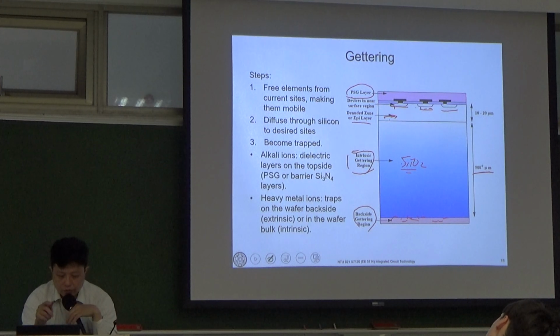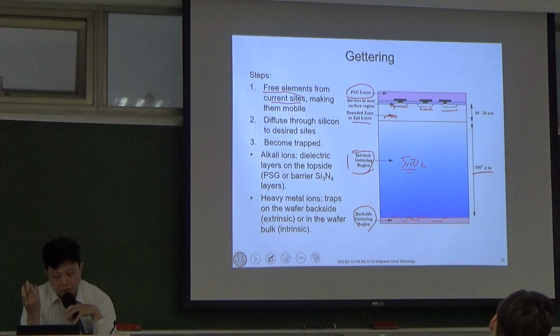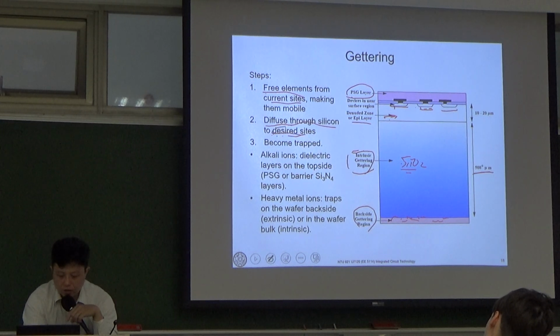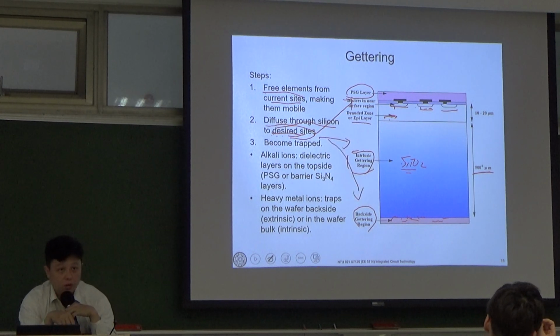Okay, so there are 3 steps. The first one is to free the elements from the current site and make them move. So if you have defects, you have those ions, you want to free them first so they can move around. The second step is to diffuse through the silicon to the desired site. This desired site means this PSG layer or this intrinsic or extrinsic region.